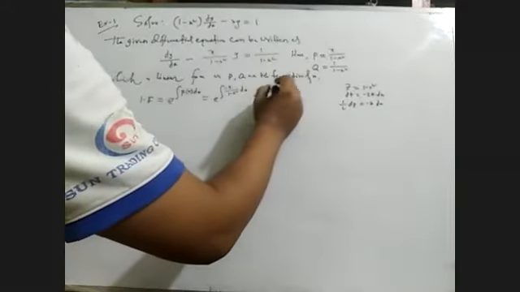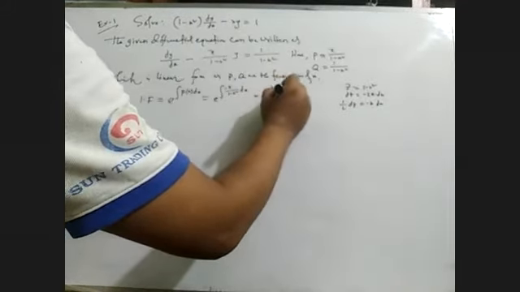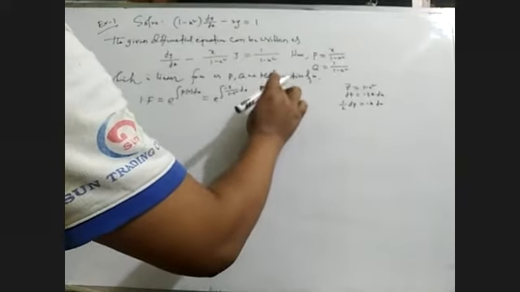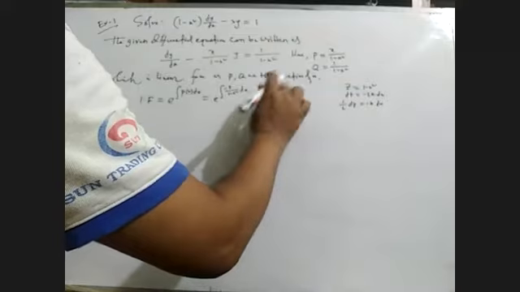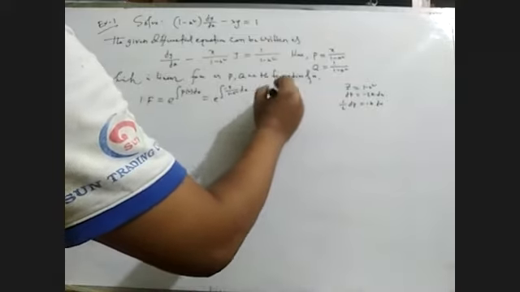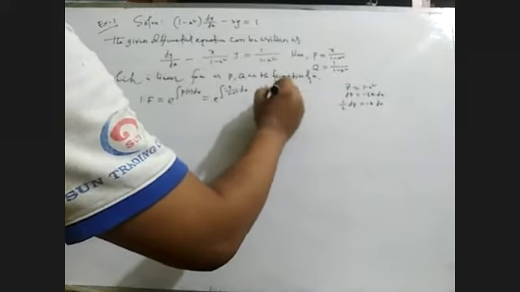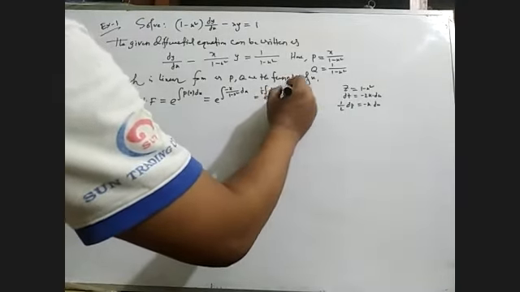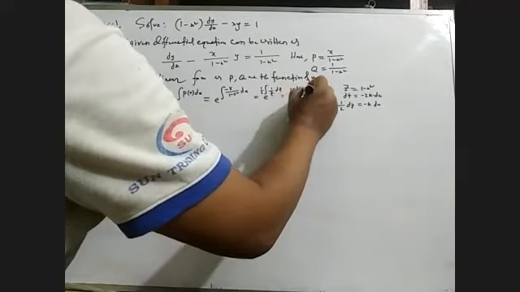So the integration can be written as half times integral of 1 by z dz. E to the power half integral of 1 by z, the integration of 1 by z is ln z.